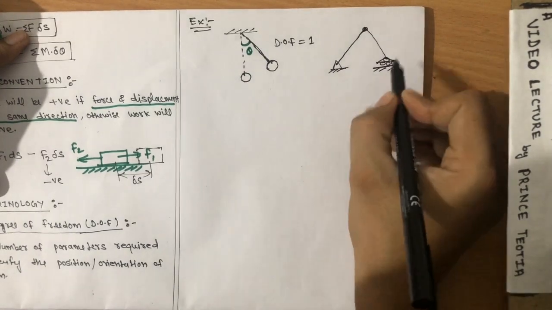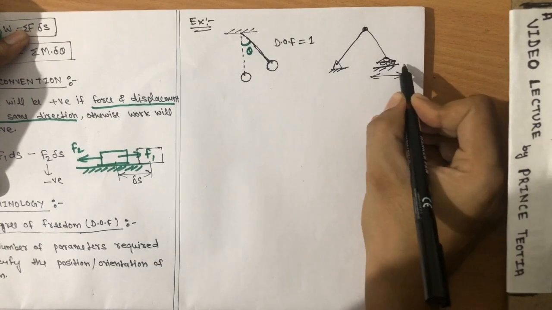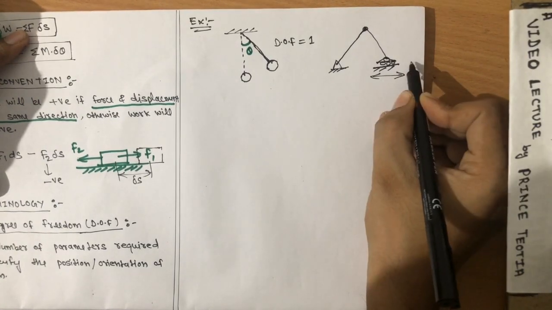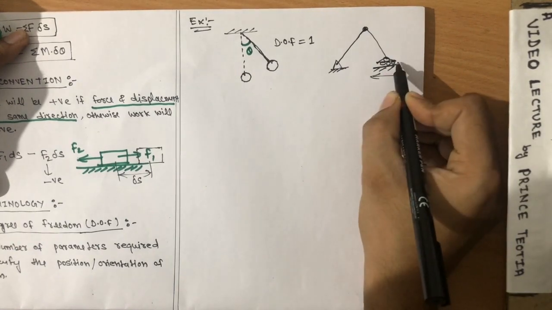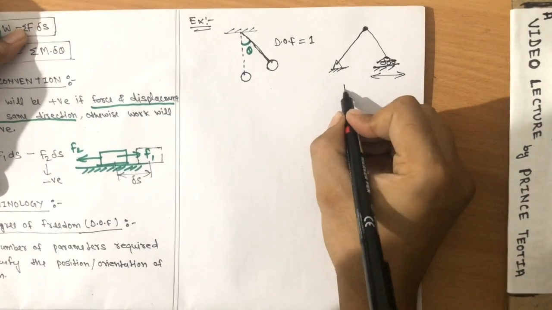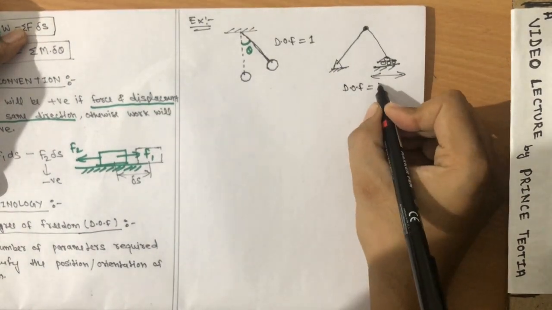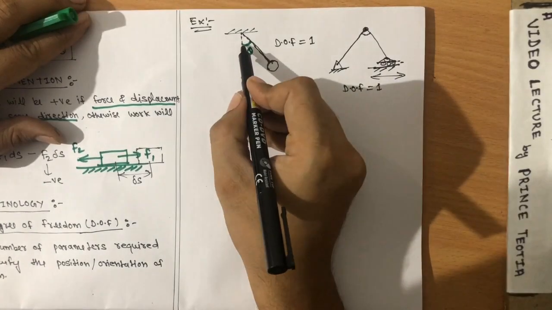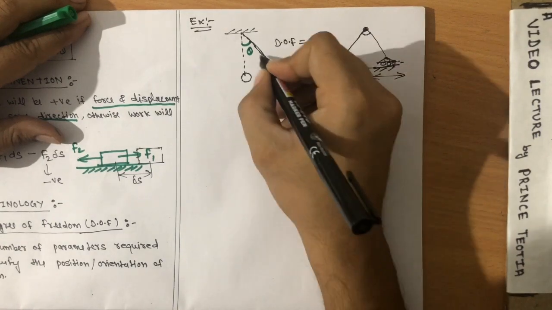So you can displace this in this direction or this direction. This is the same direction, either positive or negative, only the x direction. So the degree of freedom for this is also 1. Like this, you can only rotate this, you cannot move this in this direction.